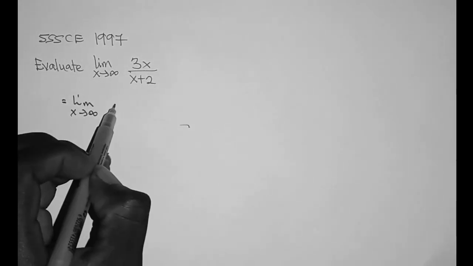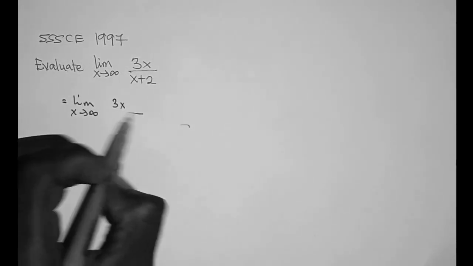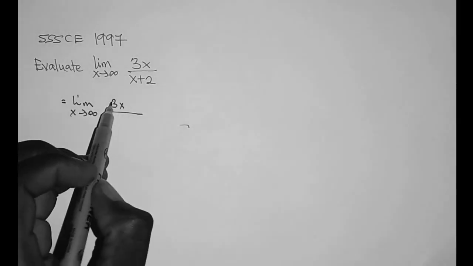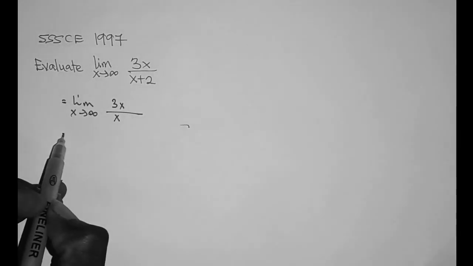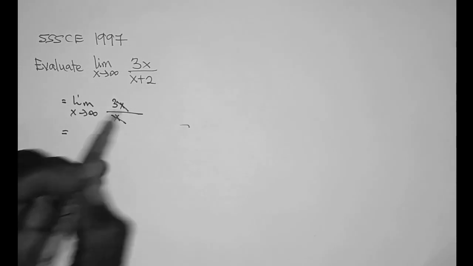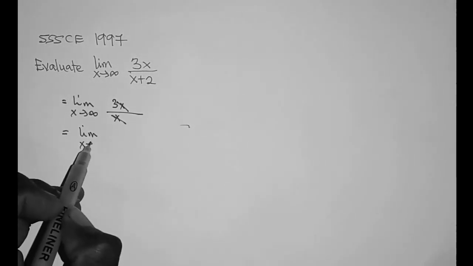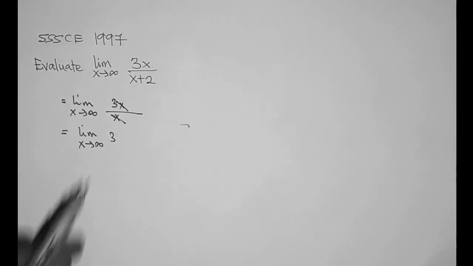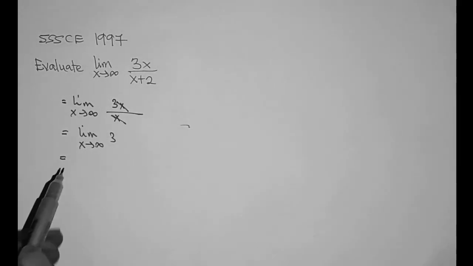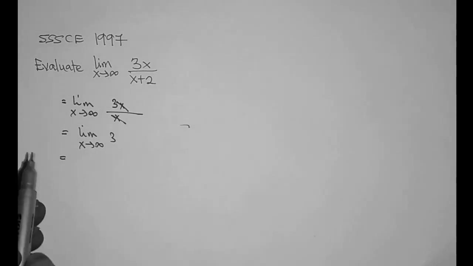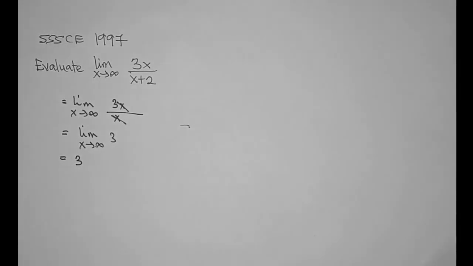For the numerator, the highest degree term is 3x, and for the denominator, the highest degree term is x. This x and x can cancel out. So the limit as x approaches infinity of 3, and the limit as x approaches infinity of a constant is that constant. And so this is equal to 3. So this is the A part of the question.